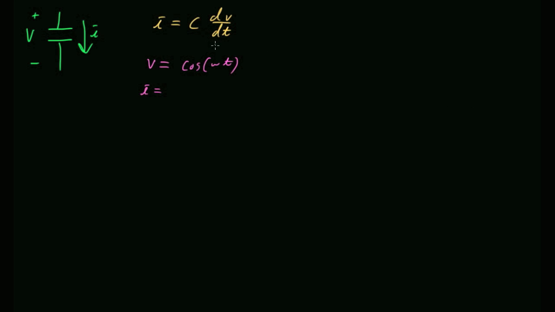That's all I've got. All I've got is C dV/dt. So let's apply it to my cosine input. So I equals C dV/dt, where your V is that cosine. Somebody tell me how to work that. Hey, we've done that before, haven't we? That's not the first time today we've taken the derivative of a cosine.